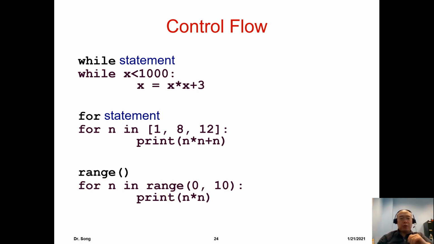For the values of n, remember that it is from 0 to 9. Okay, so in range 0, 10, the start point 0 is included and the end point 10 is excluded. So really we have from 0 to 9, but still there are a total of 10 numbers.